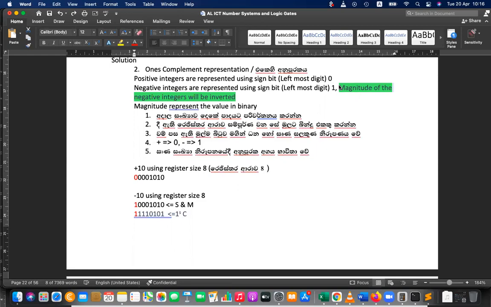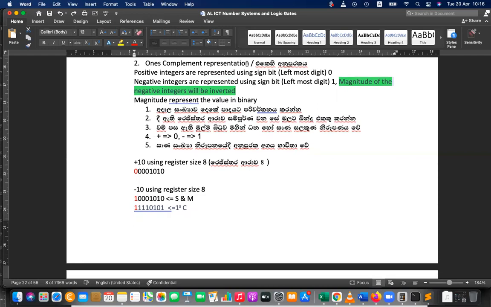Okay, write down the second heading, ones complement representation. Here positives are represented the usual way without any change, but negatives are represented using the negative sign bit with the inverted magnitude bits.